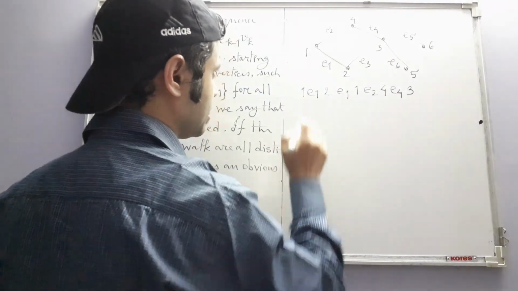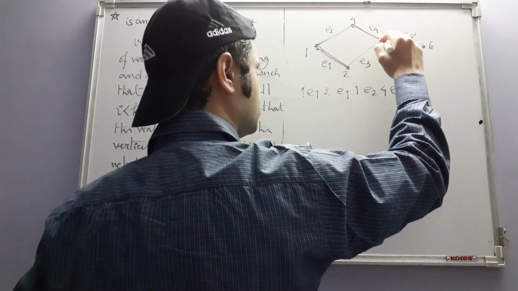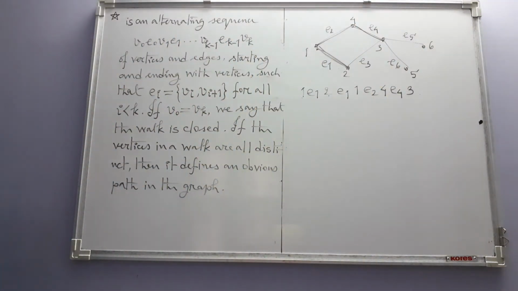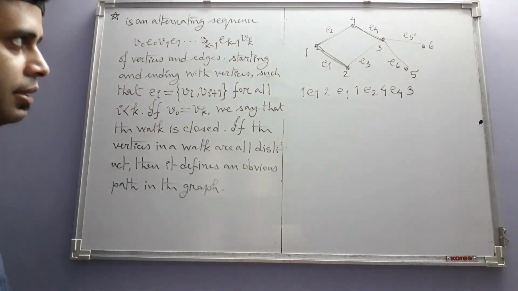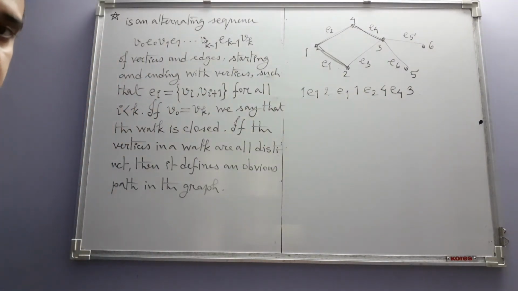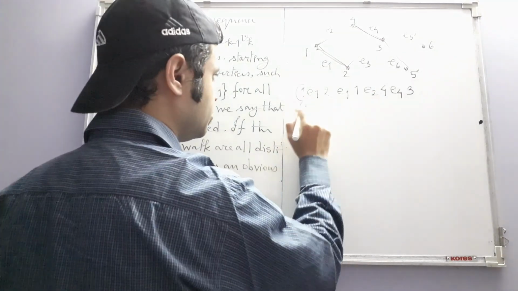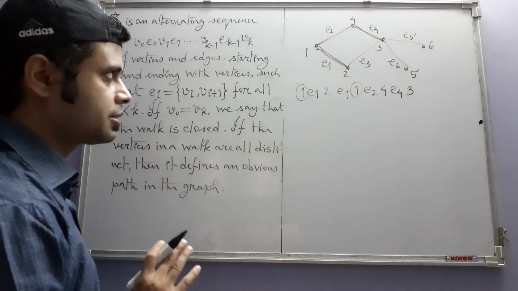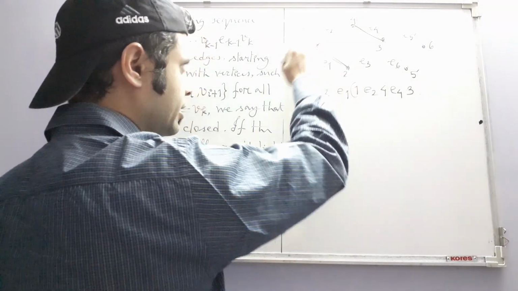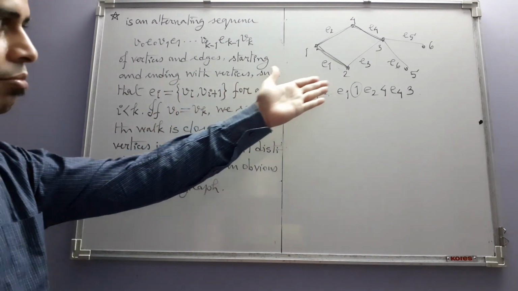So this walk is like this, then this. Okay. Now if the vertices in a walk are actually distinct, here the vertices of course are not distinct, we have a repetition here.